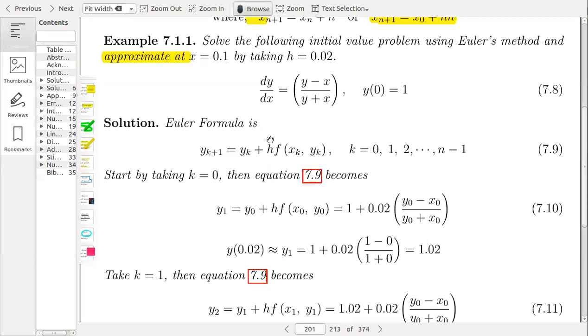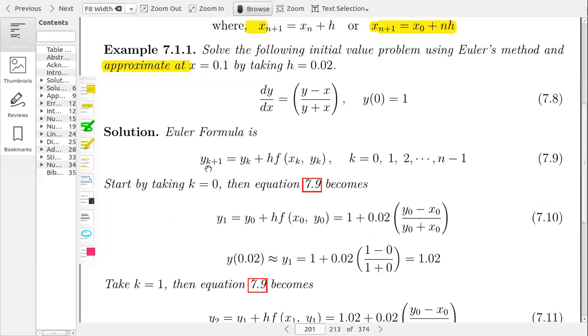We can write the Euler formula in the form of k or n, it depends on the user. It is written in the form of k: yk plus 1 equal to yk plus h f of xk, yk. Start by taking k equal to 0.